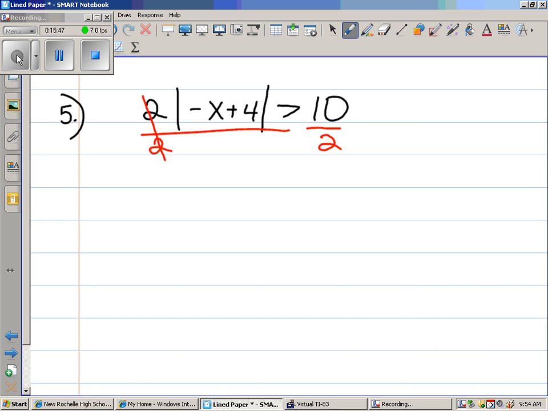A lot of people were doing that, which brings up the interesting point. There's no symbol between these, which means what operation is going on? Which means how do you undo it? By dividing. You could also say to yourself, 2 of these quantities is greater than 10. That means one of the quantities must be greater than 5.